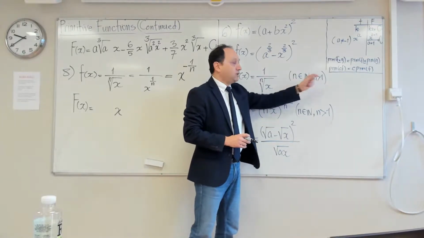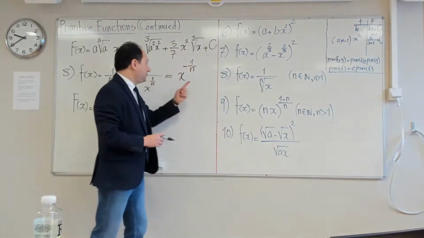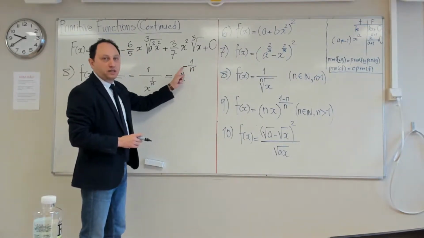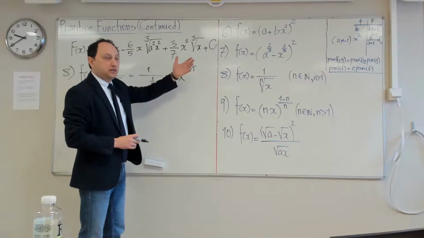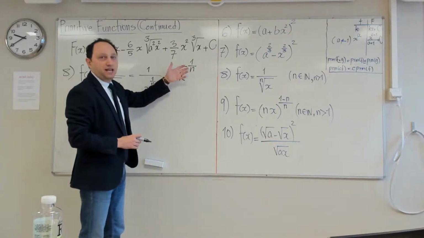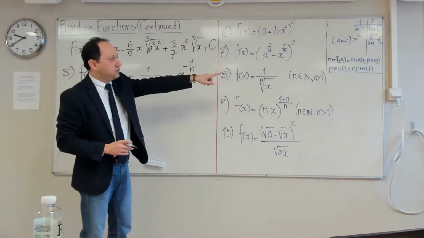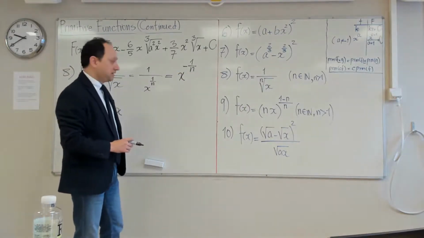Because if n is equal to 1, then what will happen here? It becomes x to the power -1. It is not hard, but you need to wait until next year to learn that it's the ln of x. But we haven't studied that. So this is why I have excluded n equal to 1 for you at this level.